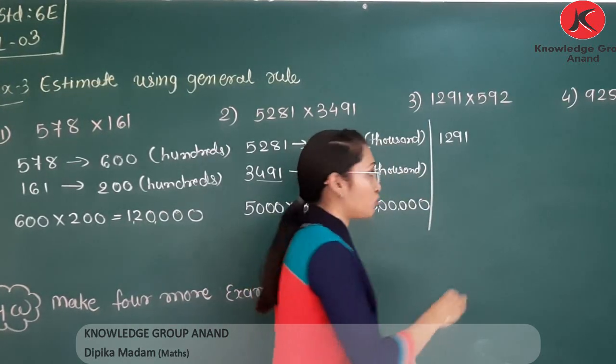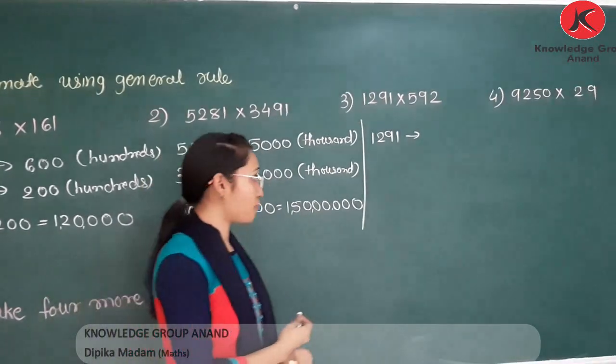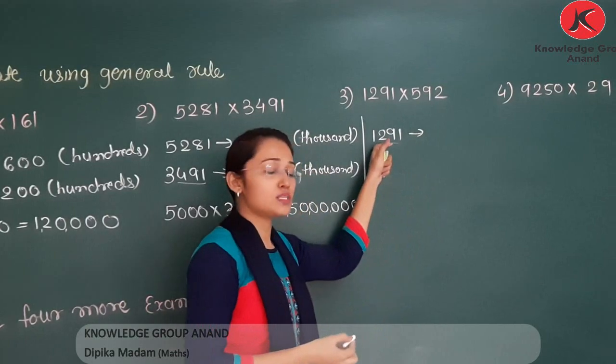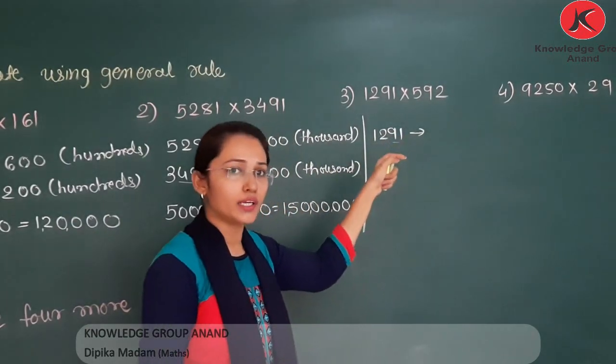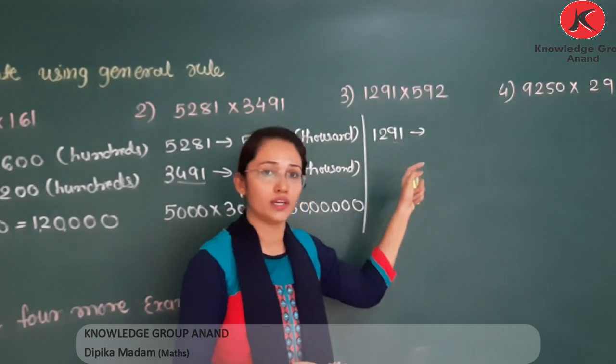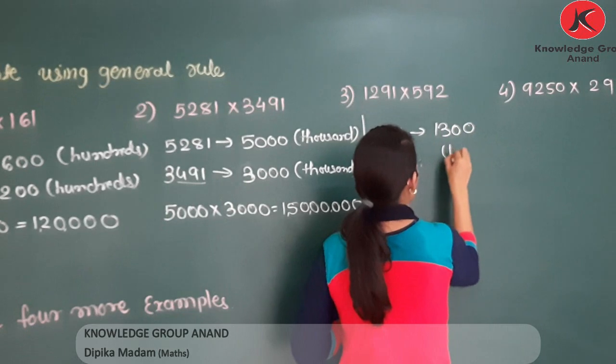Okay, next is, you can estimate with 100 or 1000. I perform the 100 estimation. So here with the 100 estimation, it is between 1200 or 1300. Which is nearer? 1200 or 1300? 1300. This is the 100 estimation.